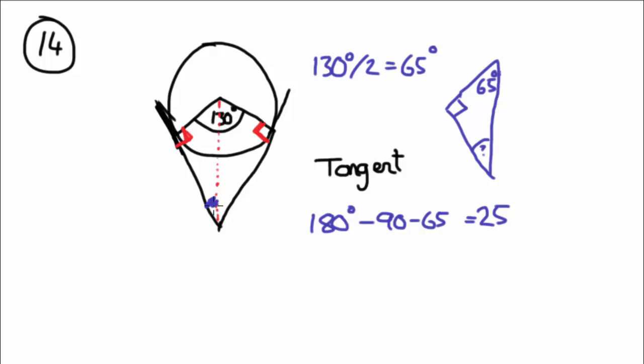That wee bit there, 25 degrees, but we're trying to work out this angle. So essentially 25 times 2, and that gives you 50 degrees. So this whole angle is going to be 50 degrees. That's how you work that one out.